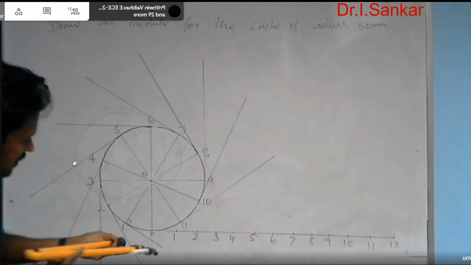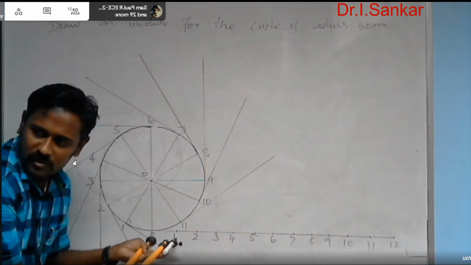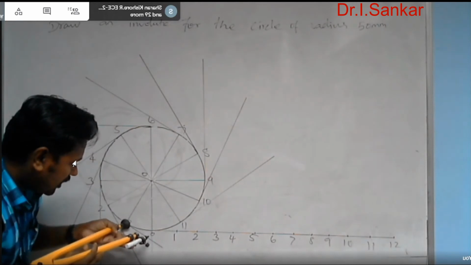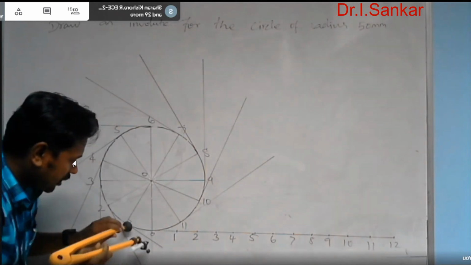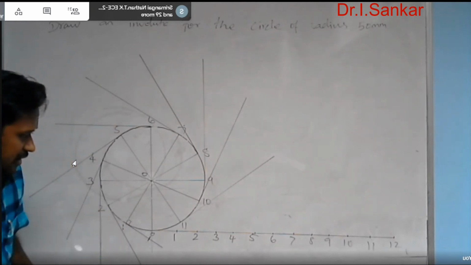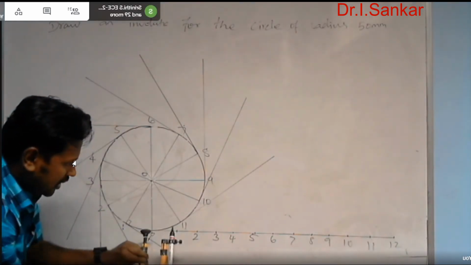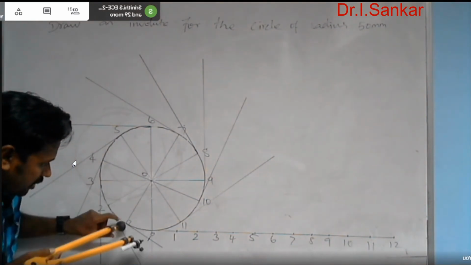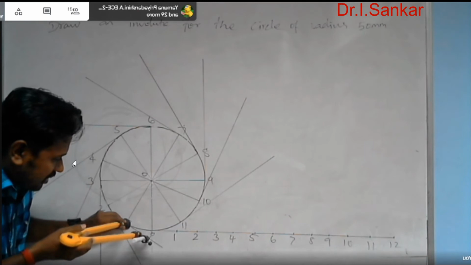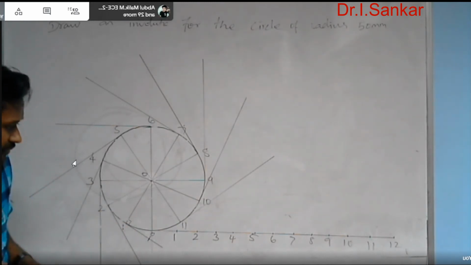Use your compass and take measurement O1, and from 1, in the line of 1 you have to cut one arc. So take measurement O1 in your compass, make point 1 the origin, and cut an arc in the line drawn from 1.